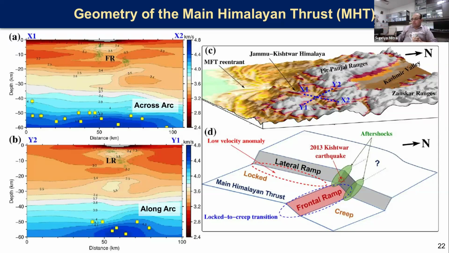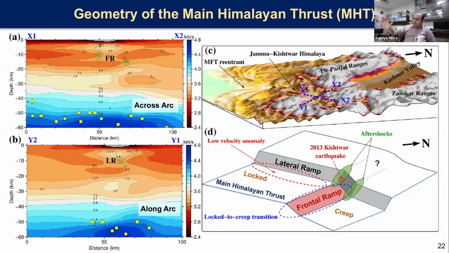So I've put in a cartoon on the right, or a schematic, which shows how this happens. This is exactly underneath the topography that I've plotted on top. What you're looking at is the Himalayan thrust is a flat across this region. It has a frontal ramp underneath the Kishtwar Himalayas, or the Kishtwar window.